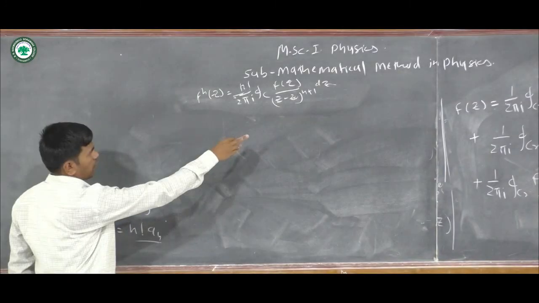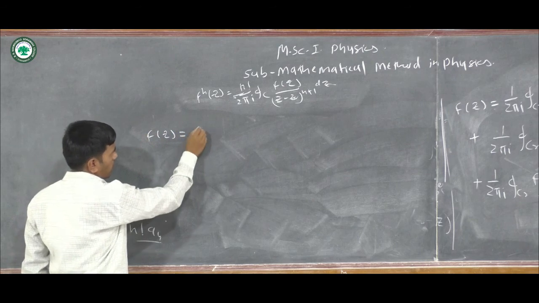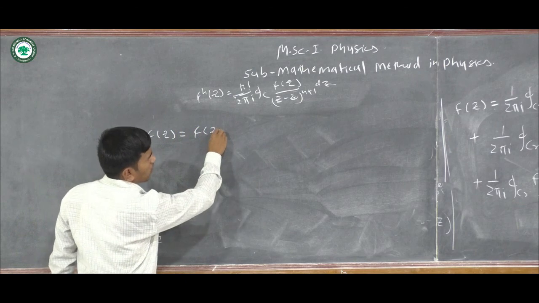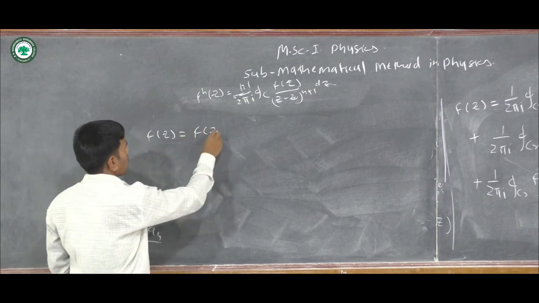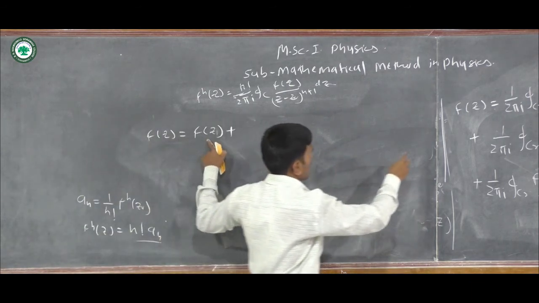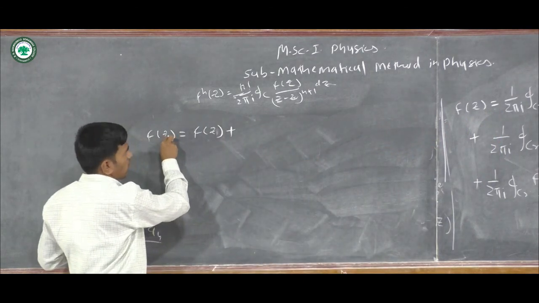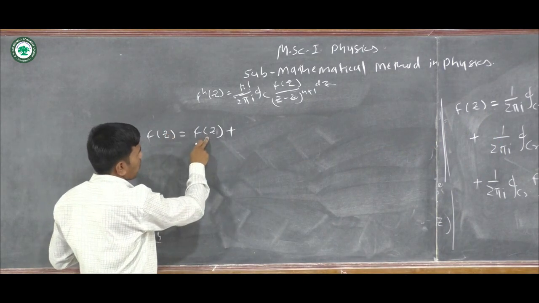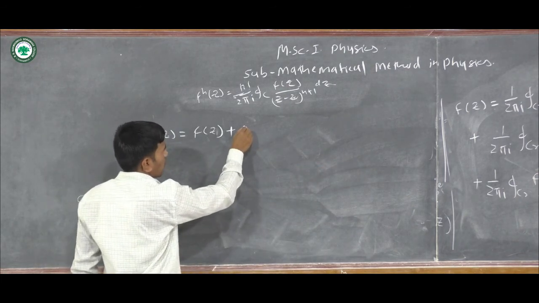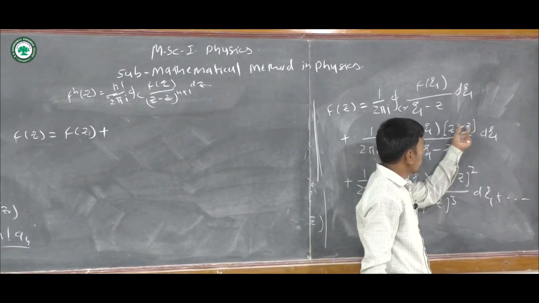So if I write f of z is equal to f of z0, plus, for the second term, we can take out the common factor, that is z0 minus z, because this is independent on this side.